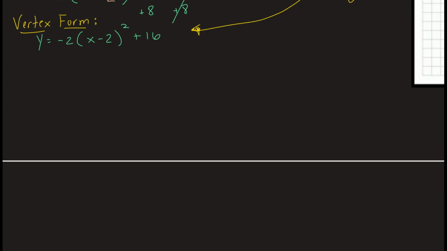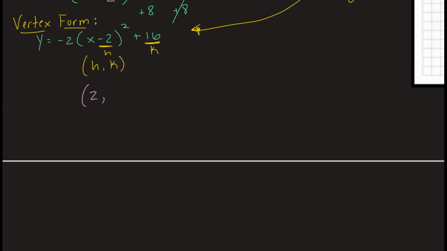When a quadratic is in vertex form, we know that the vertex is always the h, k. And we know that the h is the number directly after the x inside the square, and the k is the number at the end. But we also remember that the h is backwards. It's the tricky number. So our x value of our vertex is not -2.